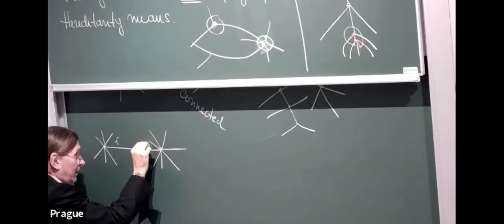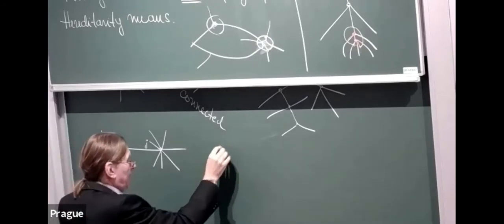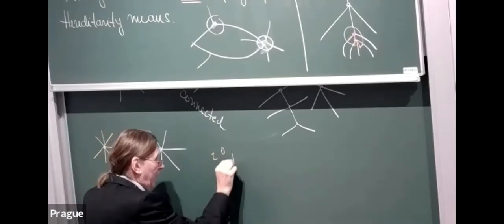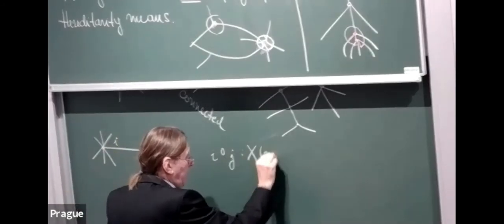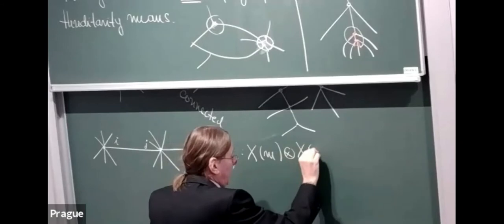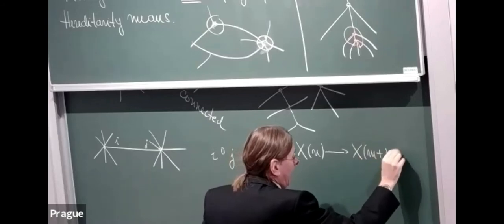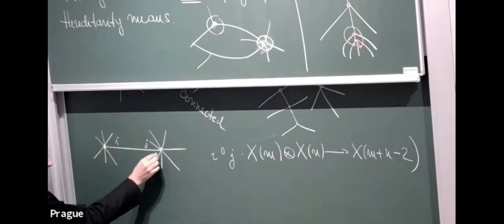Let's say this has a label j, and the operation which is related to this is something which I think I denoted by circle ij, which goes from X_m times X_n into X_{m+n-2}. So this is the biased definition of operations that appear in the biased definition of cyclic operads, and again some associativity has to be satisfied.